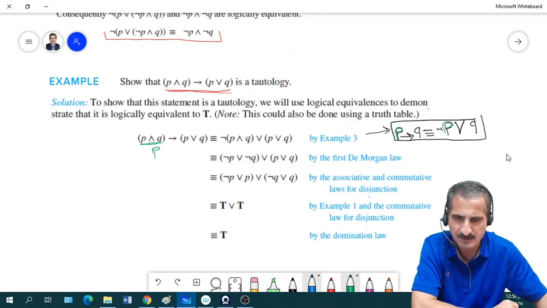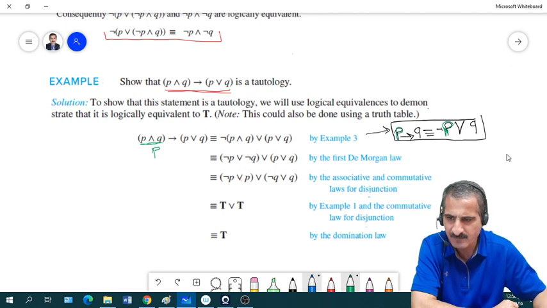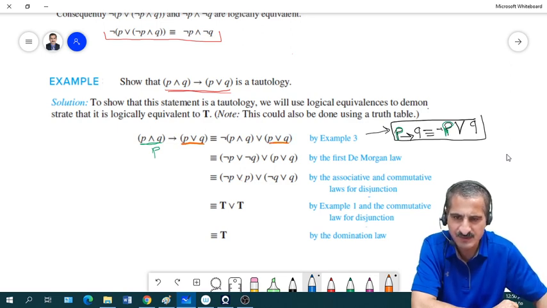Okay? And this stands, sorry, let me use another color. This stands for Q, for this Q here. So we will have not P or Q. So now, let's pay attention to what's happening here.